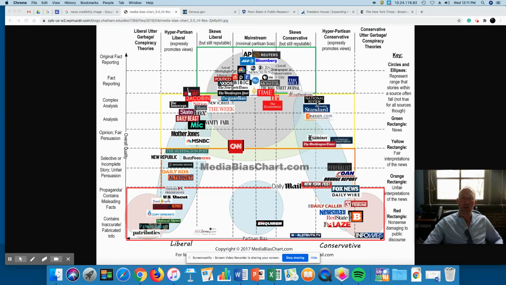All right? Now, generally speaking, if you're getting information, you want to stick with either the green box or the yellow box. Once you get down to the orange, you have organizations that have an unfair presentation of the truth. The New York Post, for example, often has an extremely biased presentation, to the point where it distorts the truth.